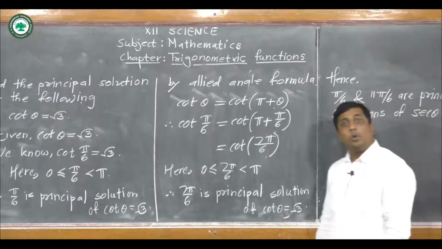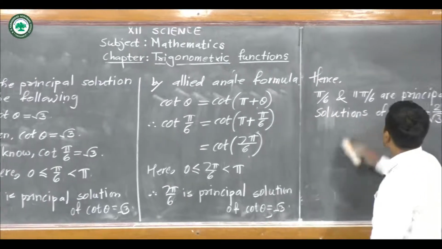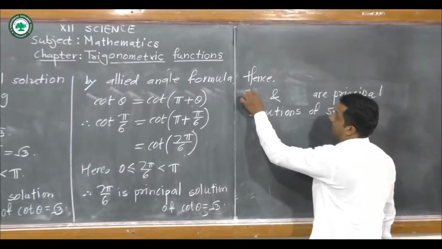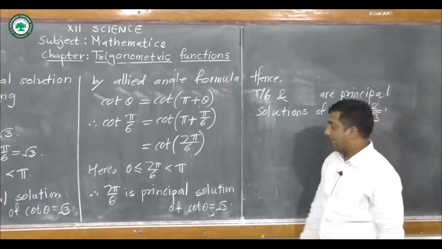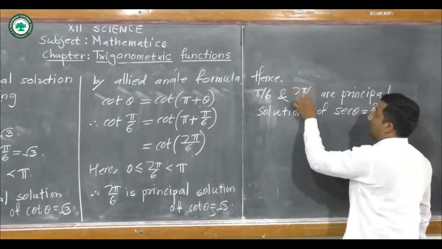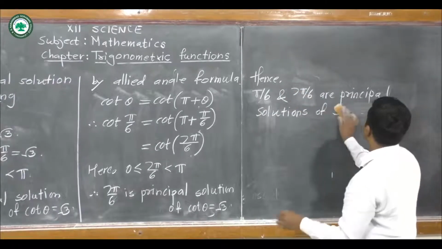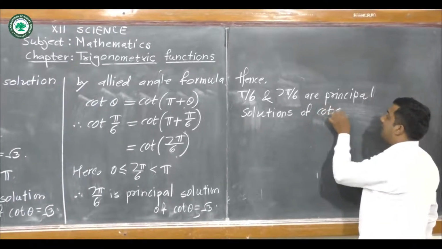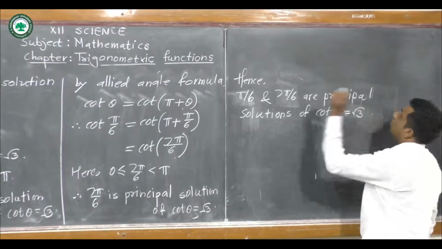So we get two principal solutions. Okay, here I write hence first solution is pi by 6, second is 7 pi by 6. So pi by 6 and 7 pi by 6 are the principal solutions of here cot theta is equal to root 3.